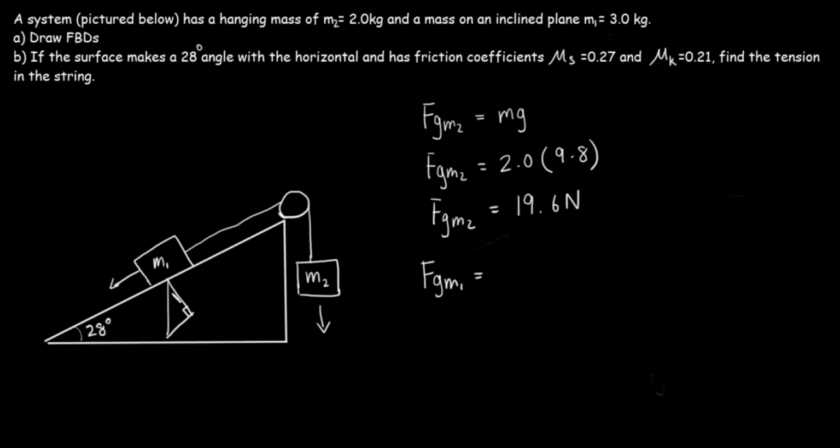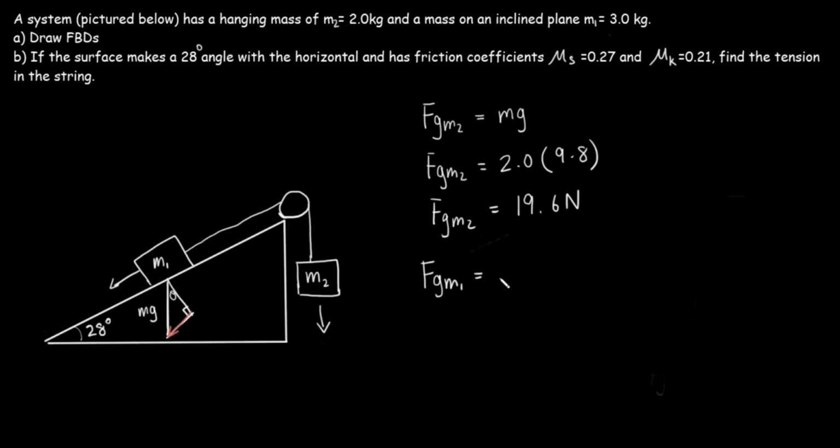This is a right angled triangle, and this angle here is 28 degrees. And this line over here is equal to mg. But that's not what we want. We want this portion of it, since that's the direction that the force of gravity is pulling it.